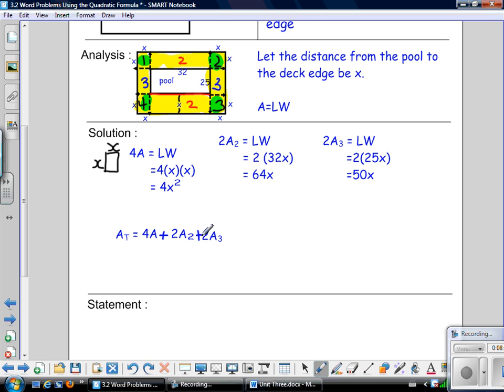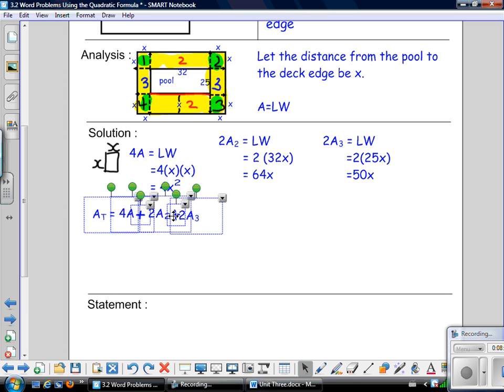Now when we do that, we're just going to substitute this information in. I'm just going to move mine up a little bit so that I have enough room to keep working, and this is what we end up with.